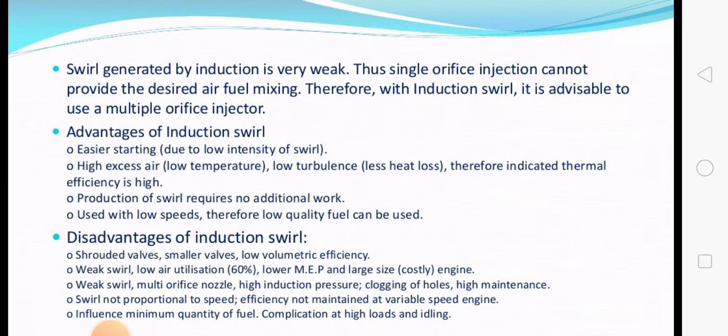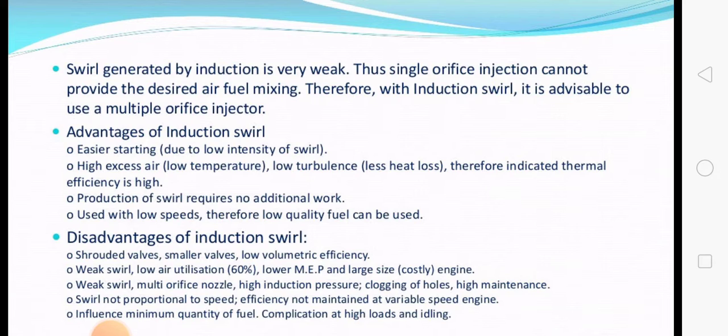What are the advantages and disadvantages? In advantages, high excess air allows low average combustion chamber temperature. This, coupled with low turbulence, means there are low heat losses, which permits high indicated thermal efficiency, so that it approaches the ideal air cycle efficiency. In an open combustion chamber, the intensity of swirl is less.